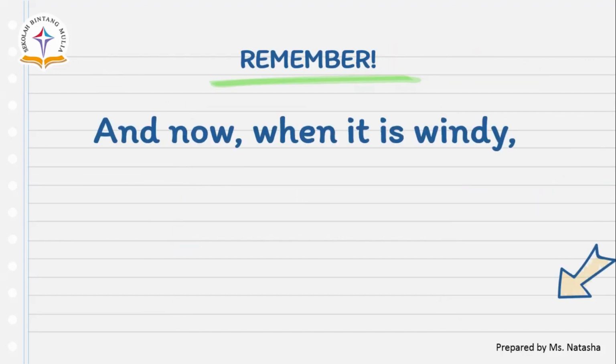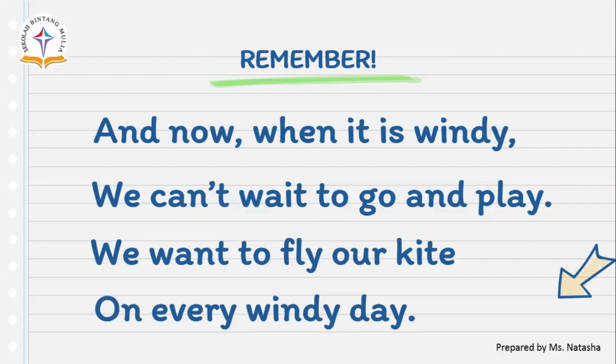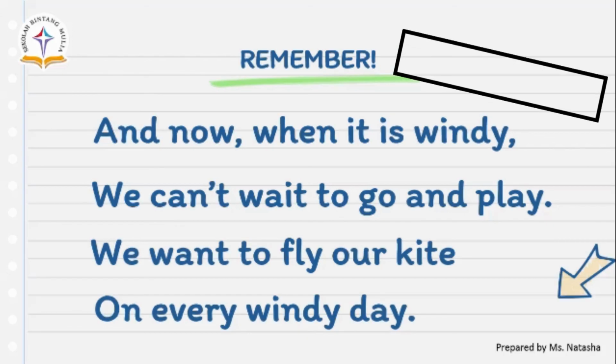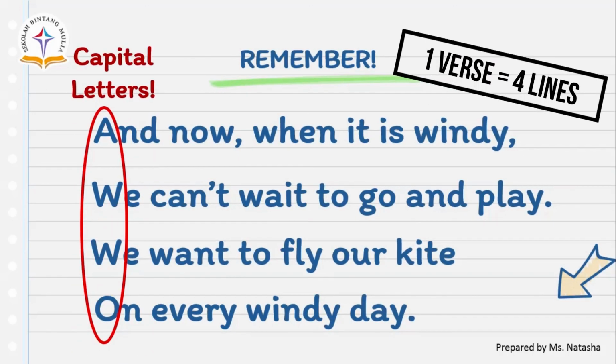Remember, whenever you're writing a poem, always have four lines in one verse. And the first letter of each line must be a capital letter.